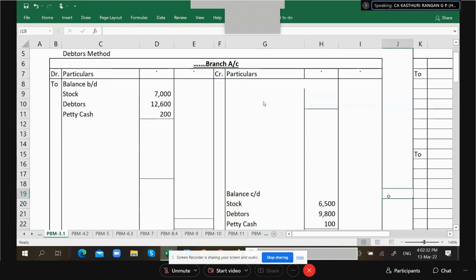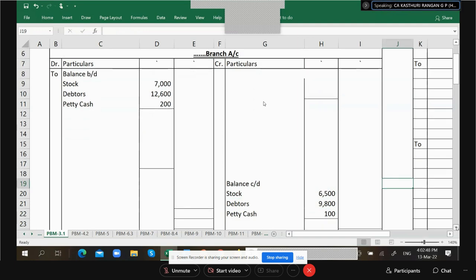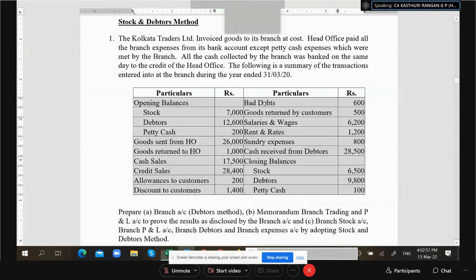See, in some problems, the debtors closing balance may not be given. If that is not given, then you'll have to prepare the debtors account to find the closing balance, like what we did in problems on single entry. The same thing we have to do. But in this problem, it's given. Now we should record the transactions between the HO and the branch. What are the transactions given?